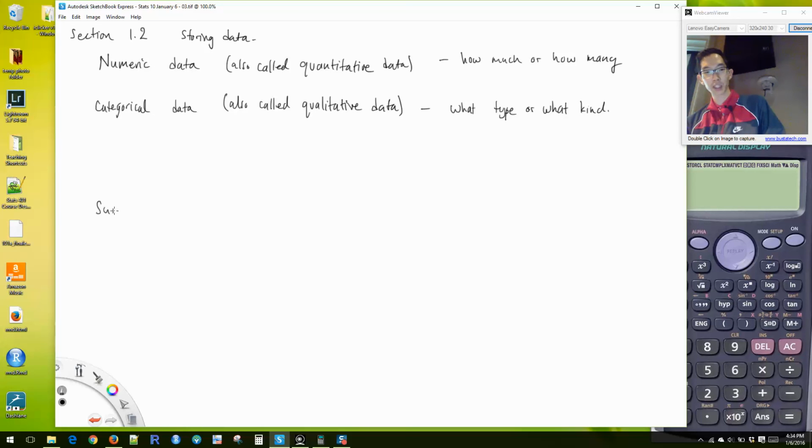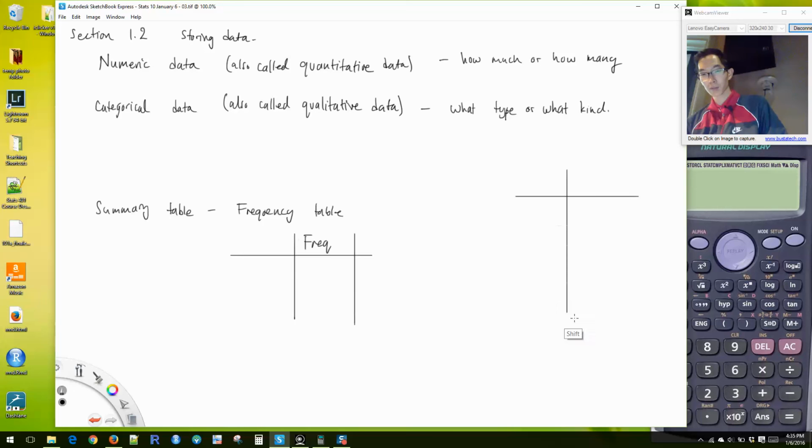So I'm going to make a summary table. This is called a frequency table. And so let's say we went around the classroom and we did, what's your name and your sex. And so we have Joe, male, and Jenny, female, or whatever, okay?